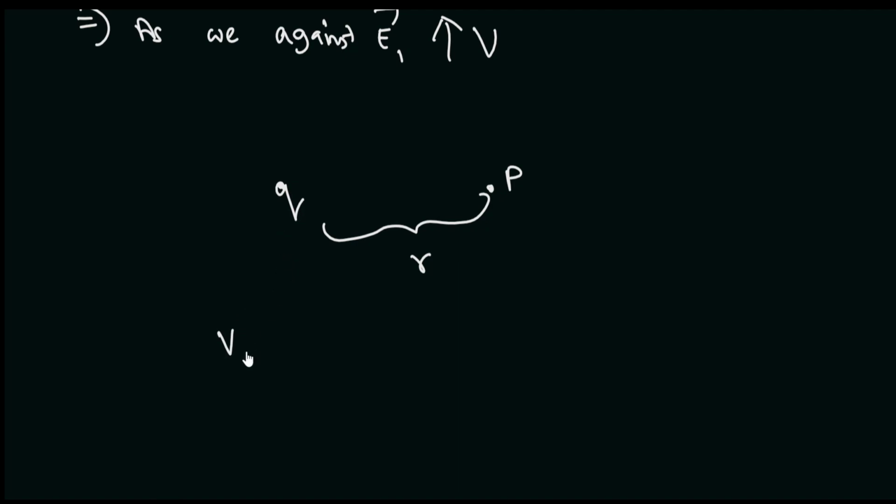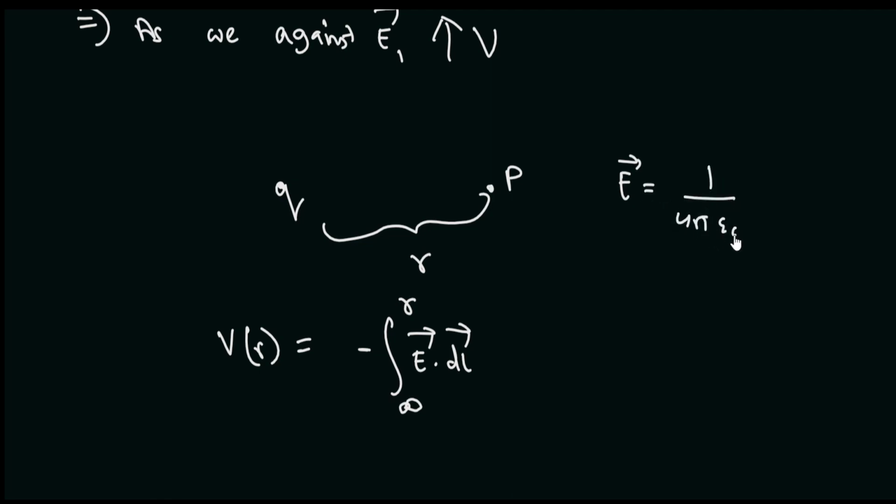Then the potential due to the charge q, V of r, will be equal to the integral, taking a standard reference point at infinity, to the point r of minus E dot dl. And we know that we can write the electric field as 1 divided by 4 pi epsilon naught, the magnitude of the charge, divided by r square r cap.